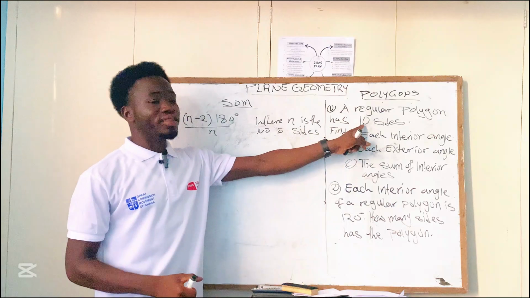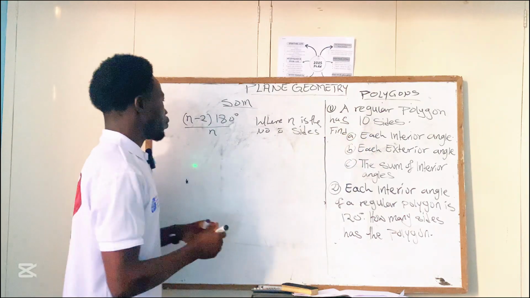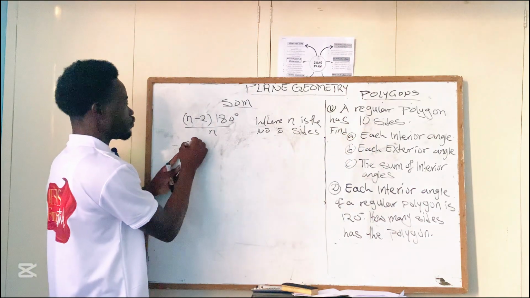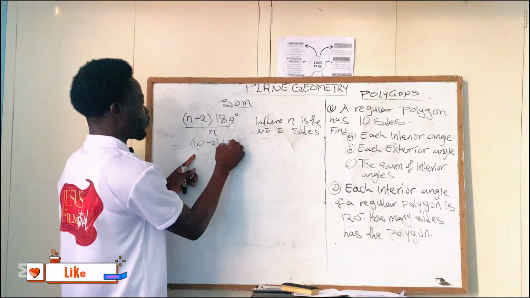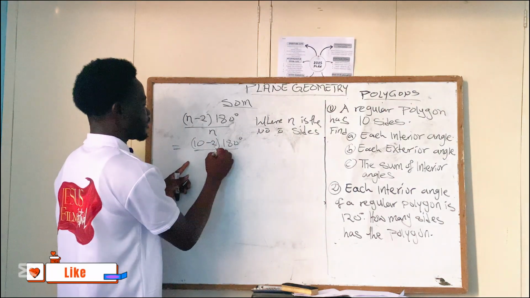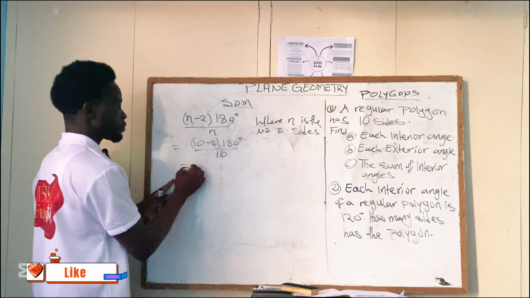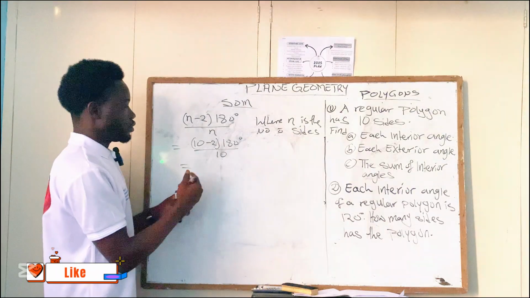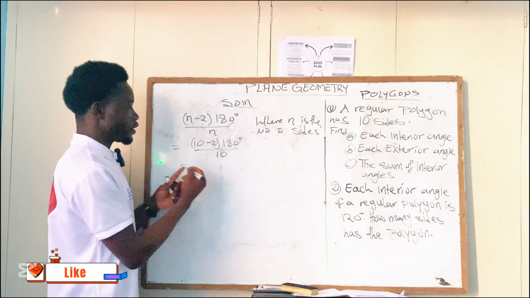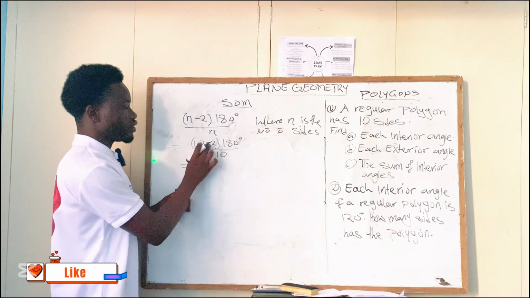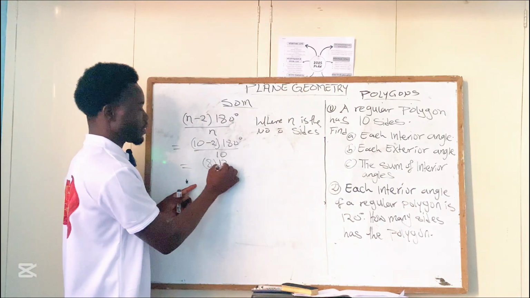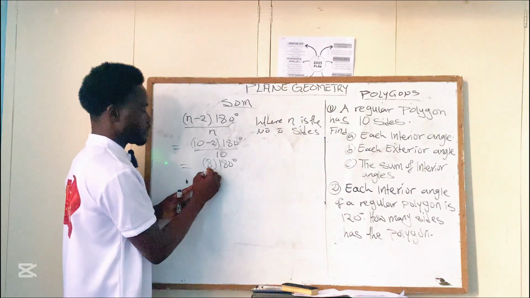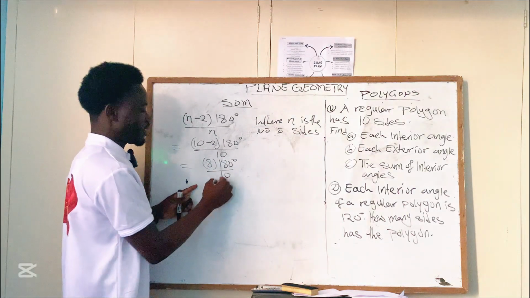But we know the size to be 10, which means that this is going to be equal to 10 minus 2 times 180 degrees divided by 10. So I can do my multiplication and subtraction. 10 minus 2 is 8 times 180 degrees divided by 10.